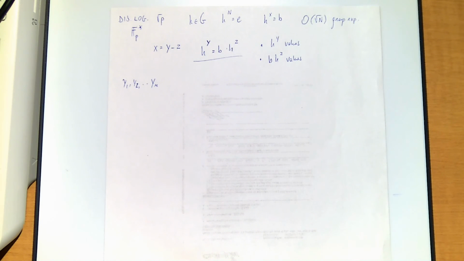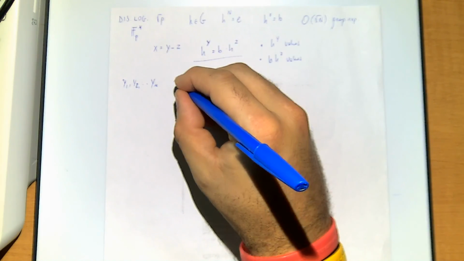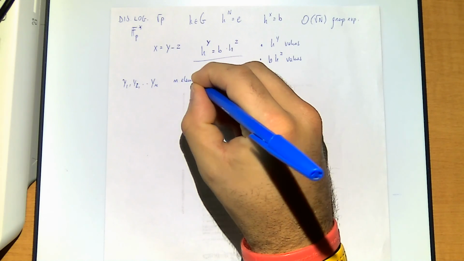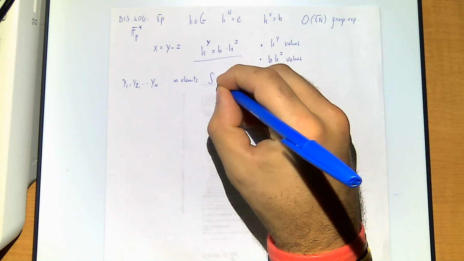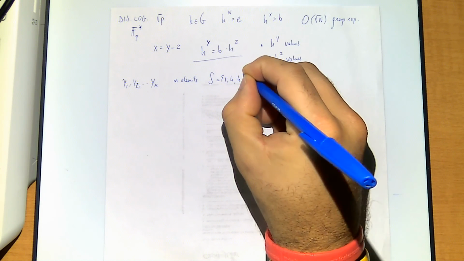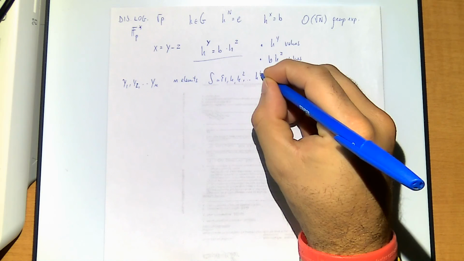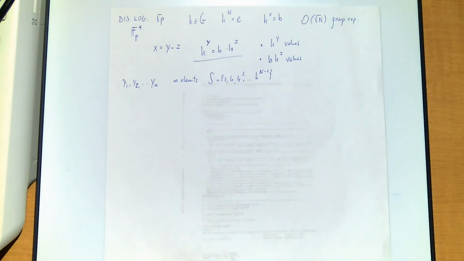So we are selecting approximately n elements out of the set S, which contains 1, h, h squared, all the way up to h to the n minus 1, because my element has order n.